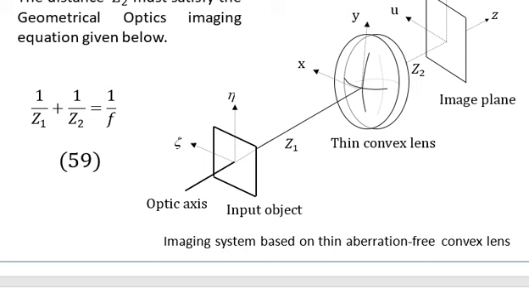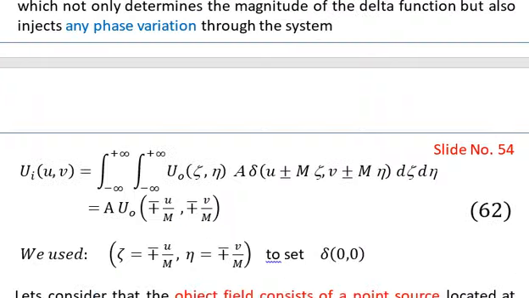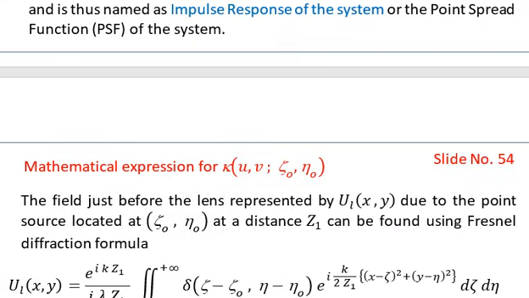So in the region where we have the distance z1, we want to apply the Fresnel formula to calculate the field just before the lens from the field just after this input object. So let's calculate that one.